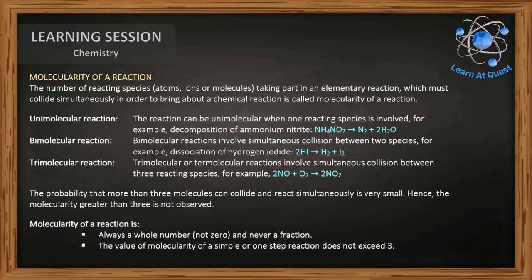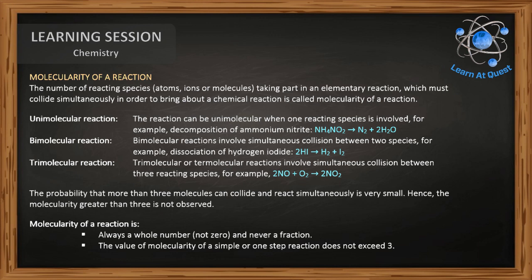For example, in case a reaction takes place such that only one reacting species is involved, then the reaction would be called a unimolecular reaction. That is, the molecularity of the reaction is equal to 1. A unimolecular reaction is a reaction when only one reacting species is involved. For example, in the decomposition of ammonium nitrate, only one reacting species, that is, ammonium nitrate, is involved.